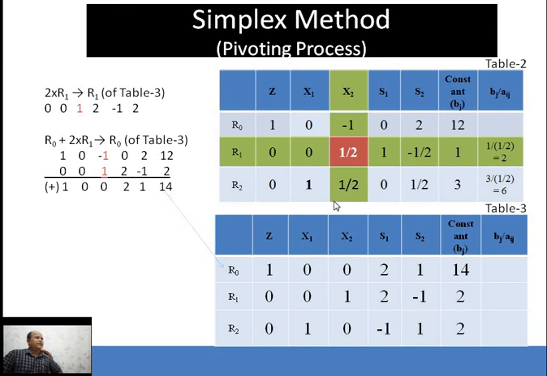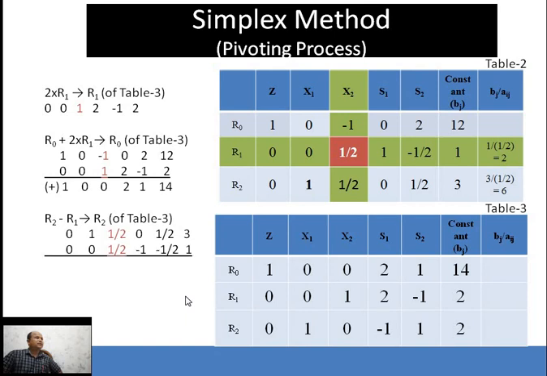That is why we take this relation this way: R2 minus R1 will give us row 2 of table number 3. Let us take row 2, that is 1, 0, half, 1, half, 3.